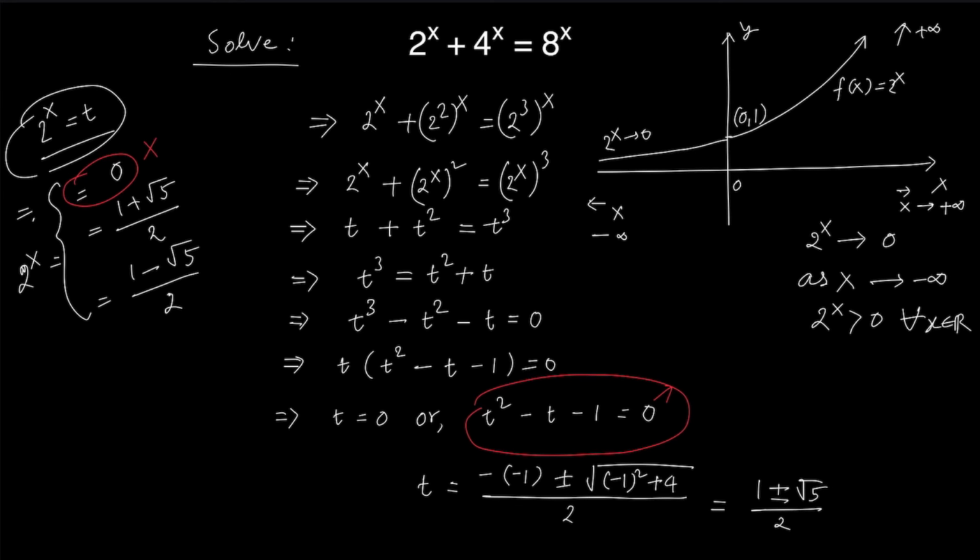Similarly, as we know, 5 is greater than 1, so taking positive square root, root 5 is also greater than 1.